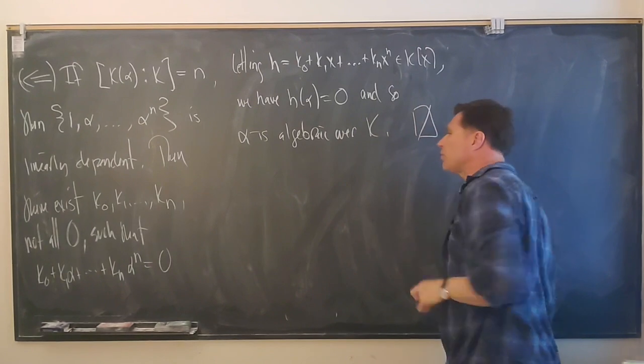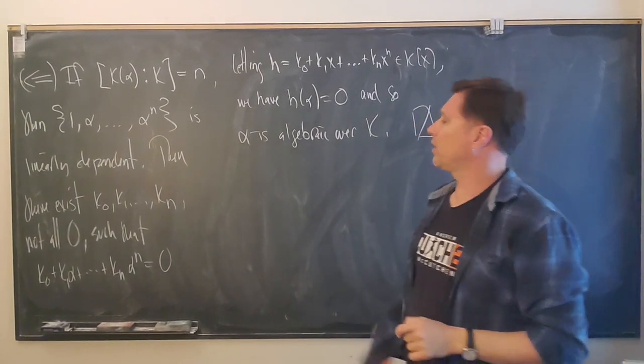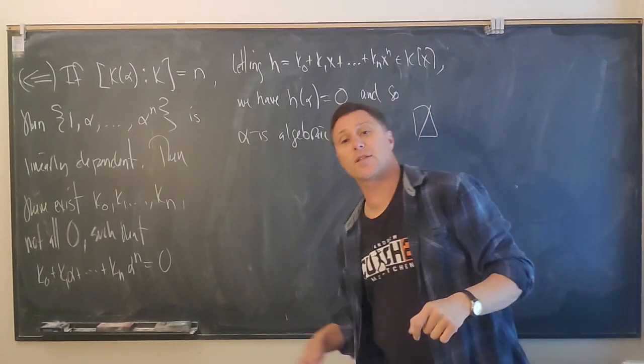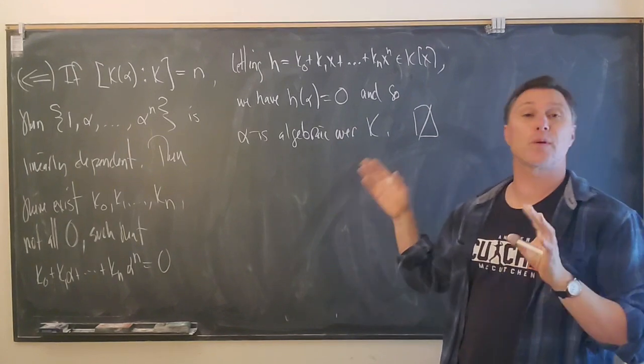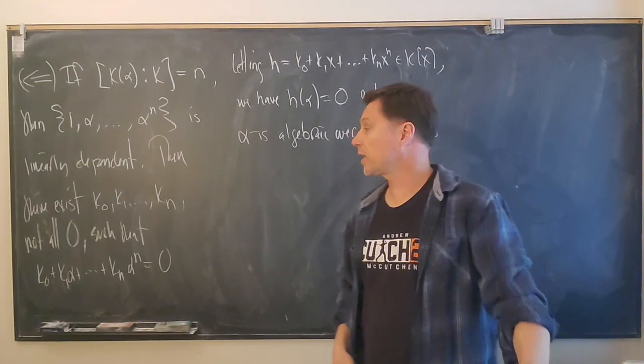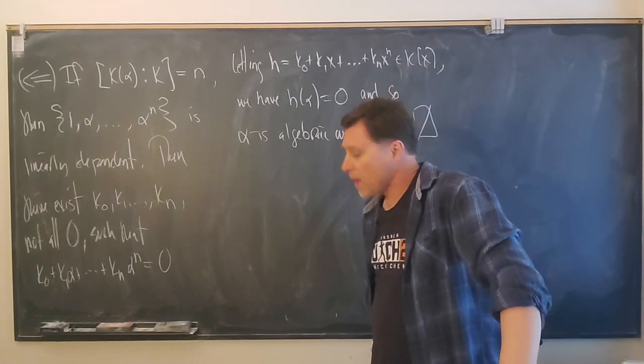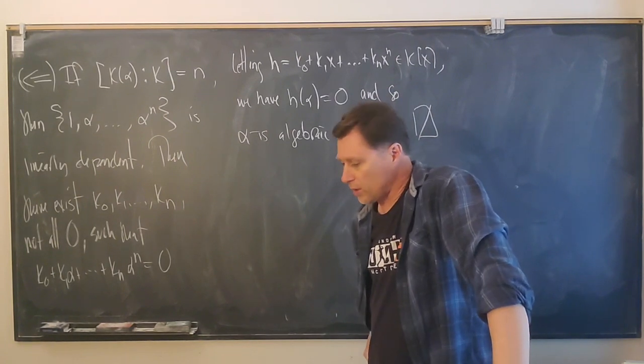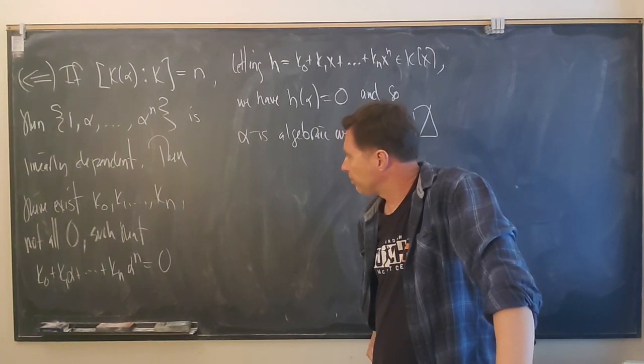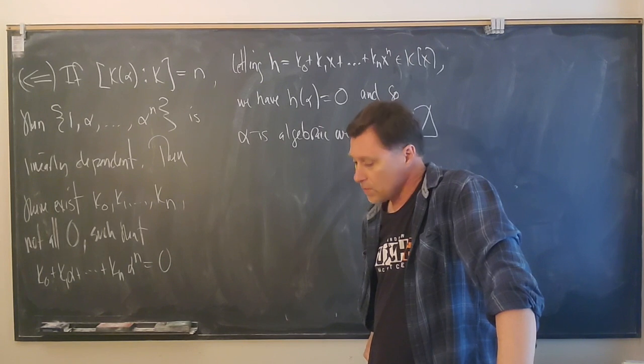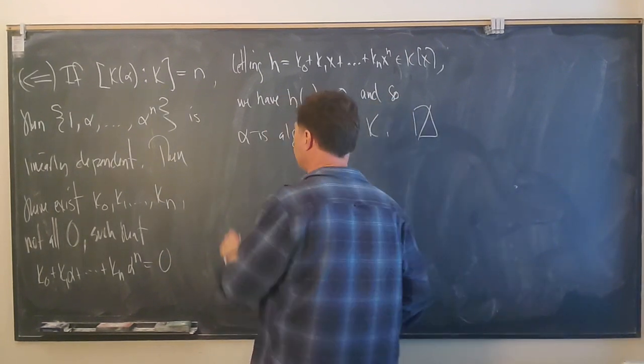It's a nice proof. I really like this. It blends a lot of the ideas that are going on here, especially this interplay between linear algebra and the study of polynomials. And we're going to see that this theorem is very useful also. So let's look at a couple of examples now.